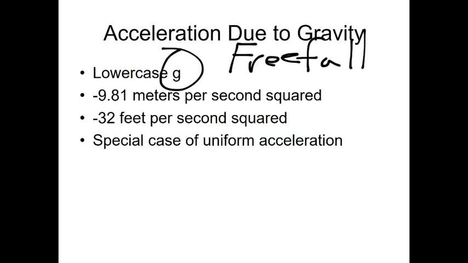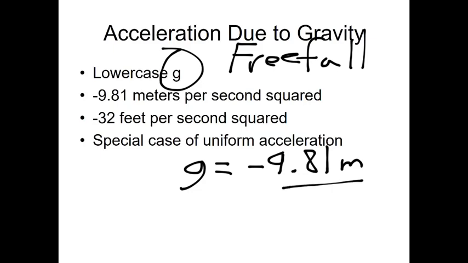The value of the acceleration due to gravity has been experimentally determined, and that value, you'll see a lot in this course, little g is equal to negative 9.8, sometimes you'll see it written as 9.81 meters per second squared. That means when an object is falling, every second its speed is changing by 9.81 meters per second.